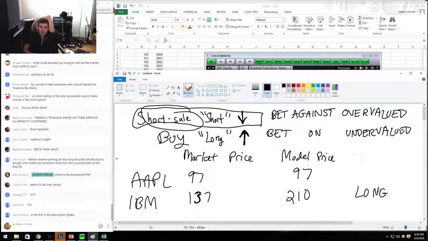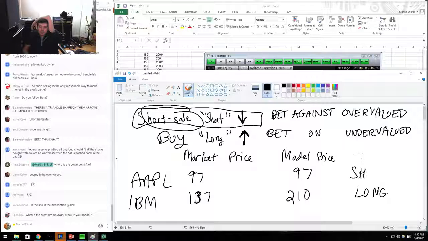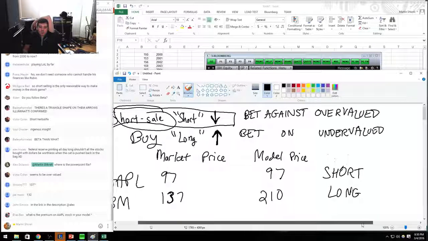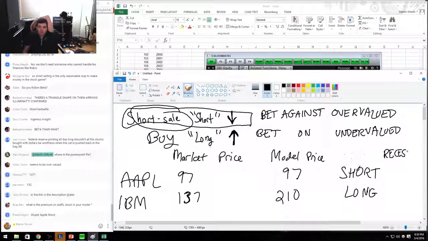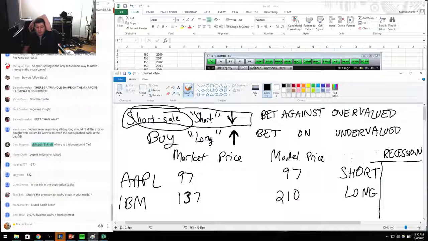But if we're short Apple at the same time, and let's say there's a terrible recession scenario, because we haven't had one in 8 years, and they tend to happen every 10 years or so, Apple will go from 97 to, say, 77. So we'll make a lot of money on our short. We'll make $20 per share.